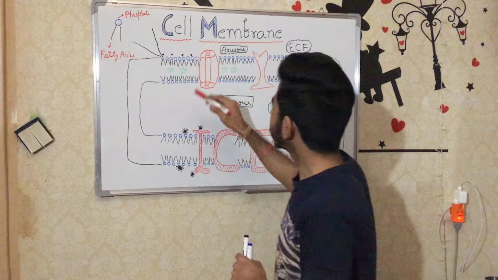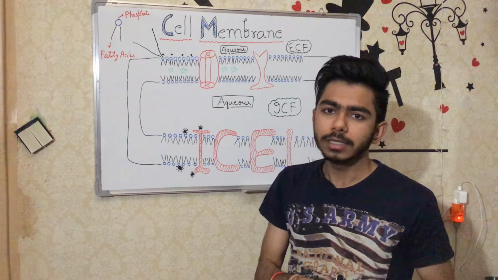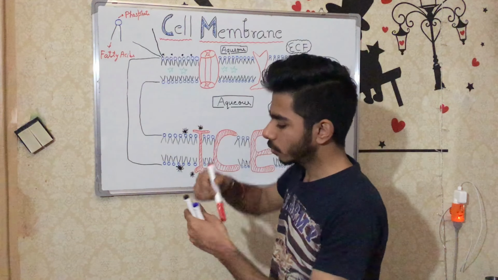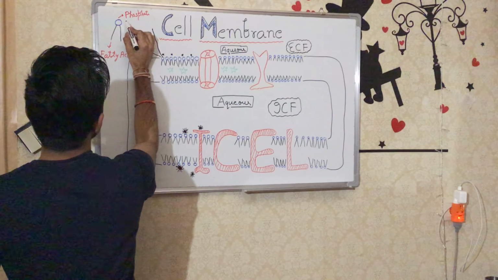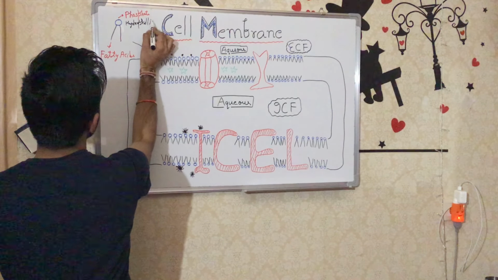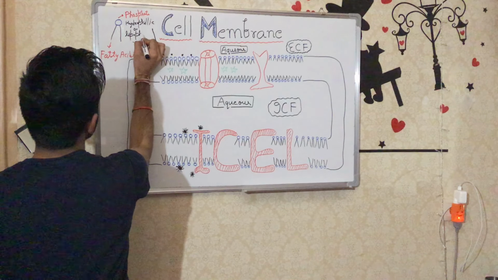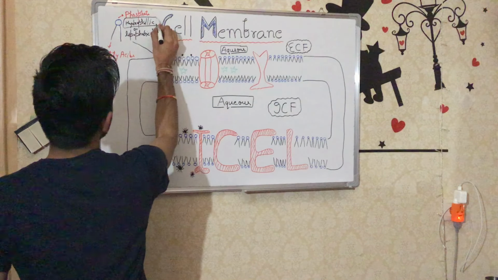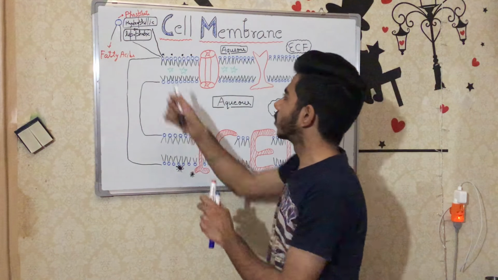Now let's talk about the fatty acids, which are hydrophobic, or you can say lipophilic. The phosphate groups, which I have told you are hydrophilic, are at the same time lipophobic, which means they are scared of the lipids.